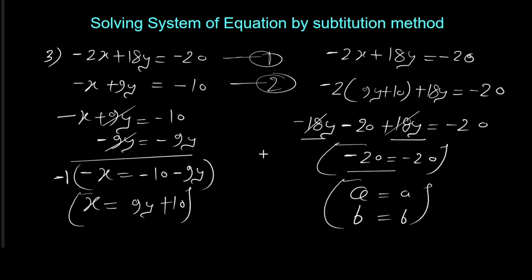If we plot these equations on a graph, the lines coincide. These lines have the same slope and the same y-intercept. So this condition shows that these lines have infinitely many solutions.